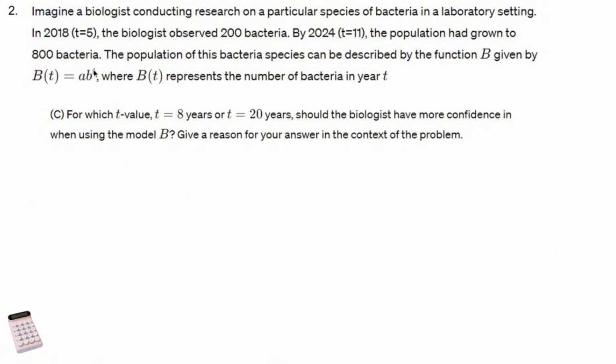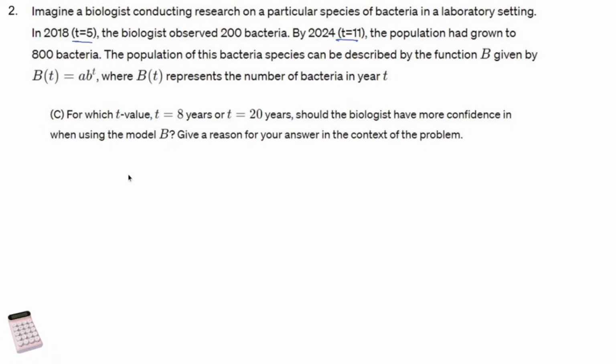Imagine, same problem. For which t value, t equals 8 or t equals 20, should the biologist have more confidence when using the model of B? Give a reason. All right, well, the model that we have is a model based off of numbers between 5 and 11.